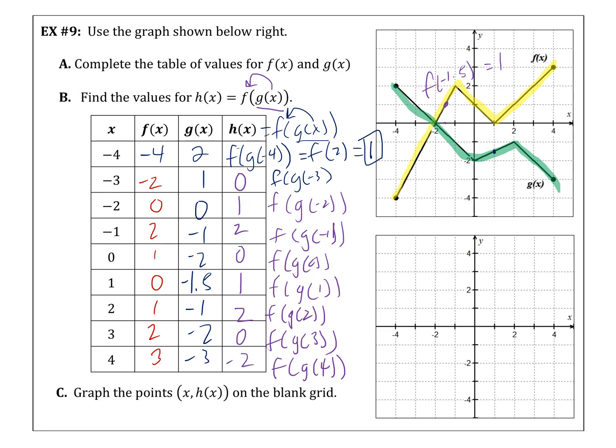Now I'm going to graph my newly created graph. These are the y values I'm graphing: 1, 0, 1, 2, 0, 1, 2, 0, -2. The x's are still the same. So at -4, 1. At -3, 0.